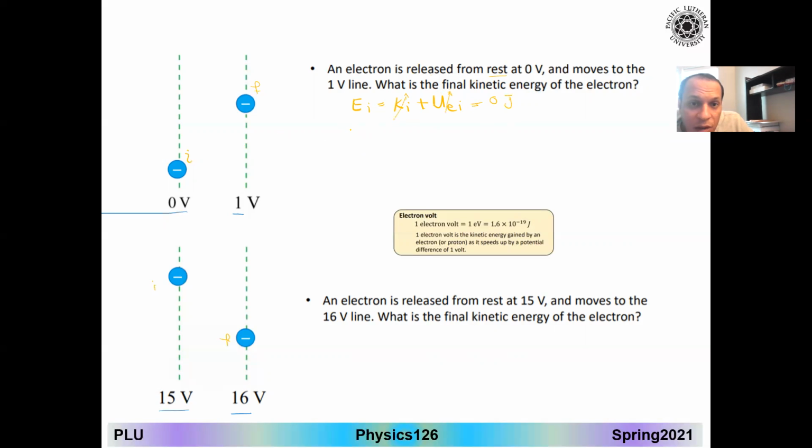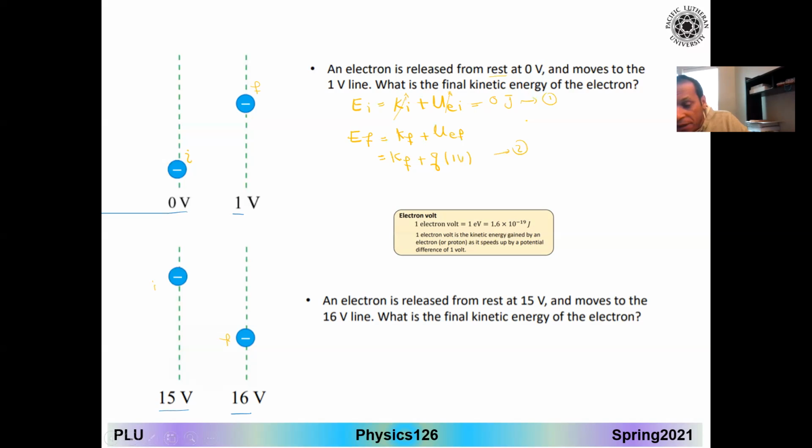Let's calculate the final energy. We have Kf plus U final. In that situation, we have Kf plus q multiplied by V, which in this case is 1 volt. So this is equation number 1, and this is equation number 2.